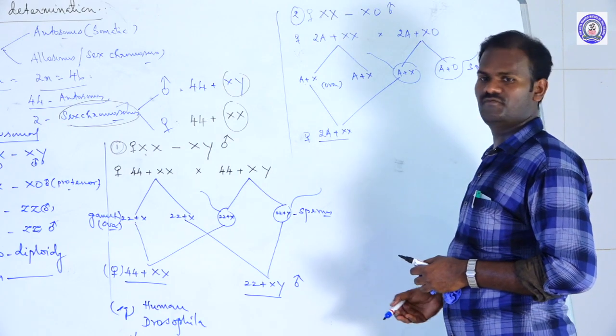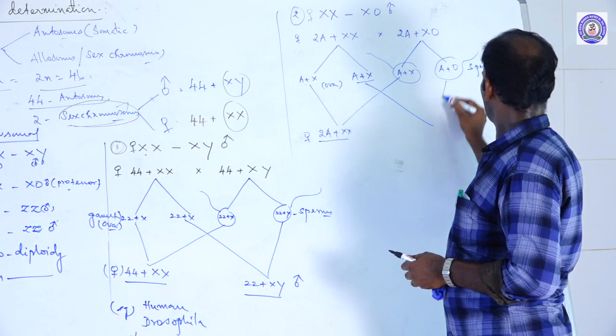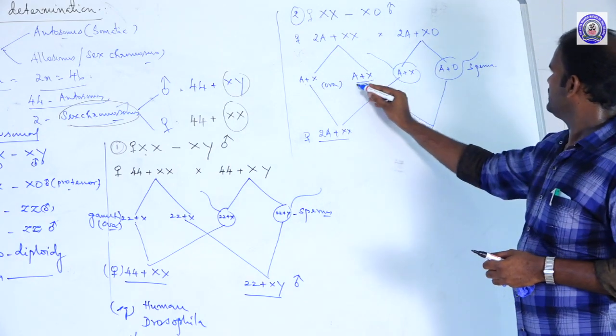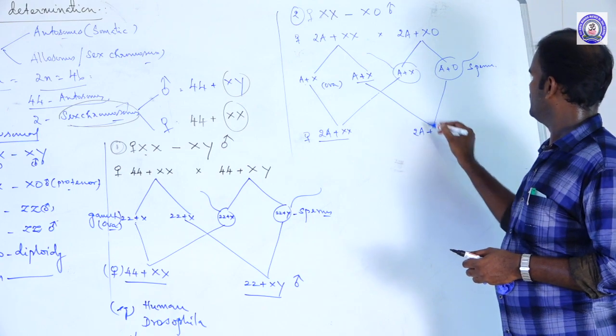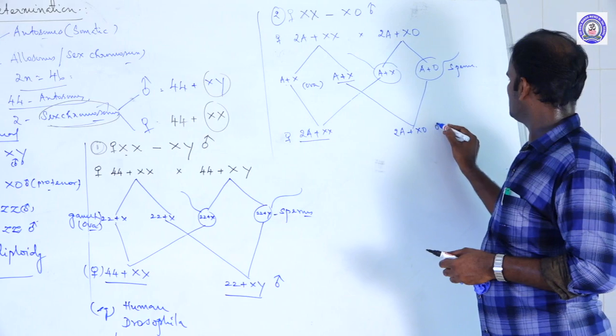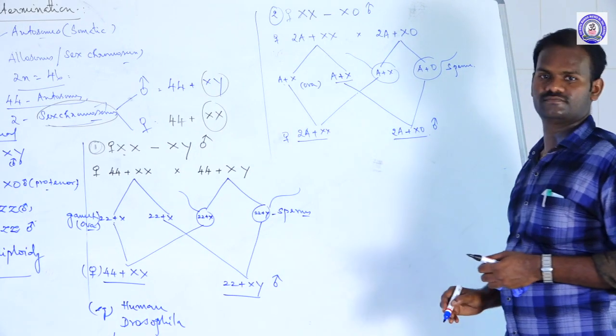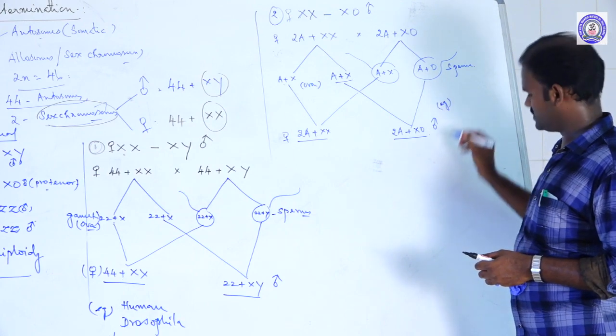Another gamete fused with the sperm, A plus A plus X plus 0. So these offsprings are male.